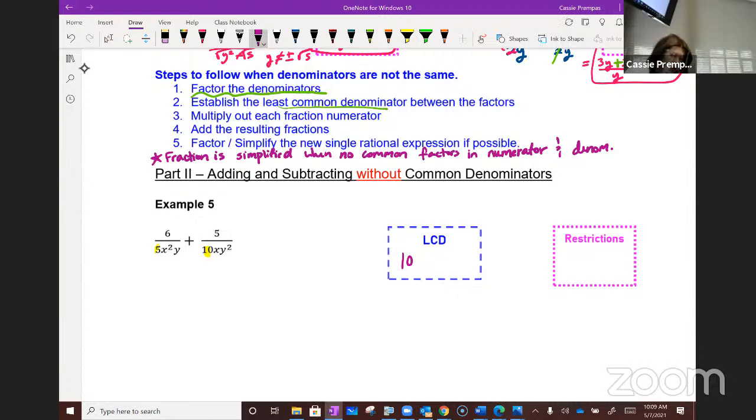What's the least common denominator between x squared and x? X squared. And then how about between y and y squared? Y squared. So this is what I need to obtain on both sides. What do I need to multiply this first fraction by to get a 10x squared y squared? 2y, awesome. 2y over 2y.